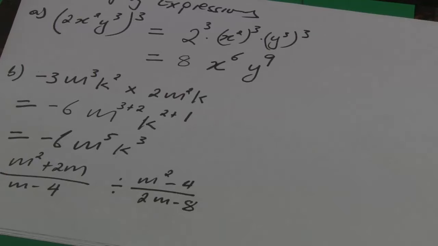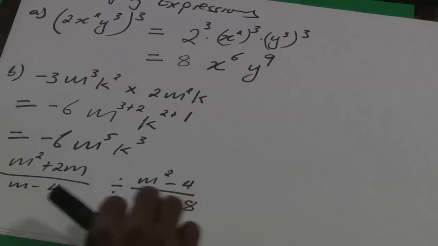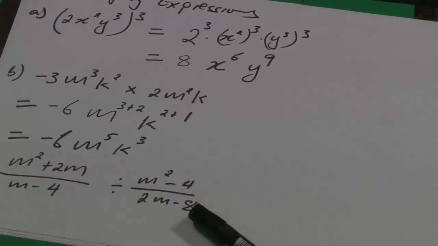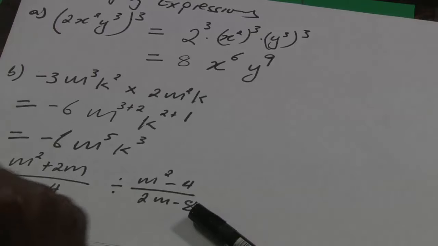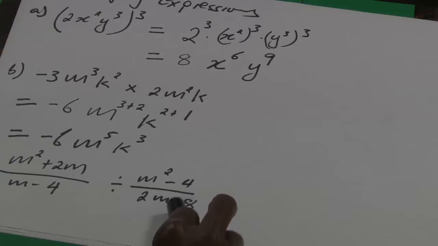Now, the first thing that we note is that dividing by a fraction, or dividing anything by a number, is the same as multiplying with the reciprocal, which means 1 over what you have. Therefore, dividing our first expression by m squared minus 4 divided by 2m minus 8 is the same as multiplying with the reciprocal of this expression.